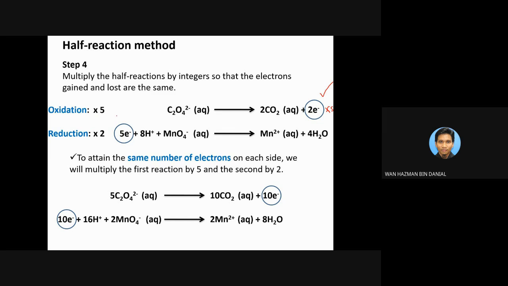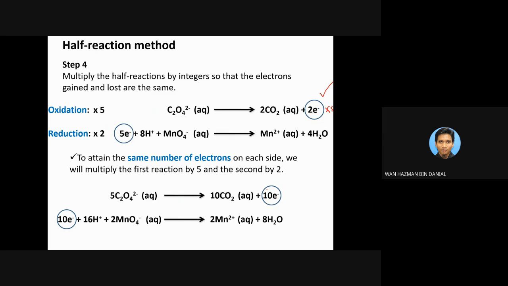Okay, so remember when we multiply them, so you need to multiply all of them. So this one 5, this one 5. Jangan you multiply satu saja. You jangan multiply this one saja yang so you akan jadi salah. So if you multiply by 2, all should be multiplied by 2, including electrons, hydrogens, and the compounds here. Okay, so that you akan dapat ni lah each.